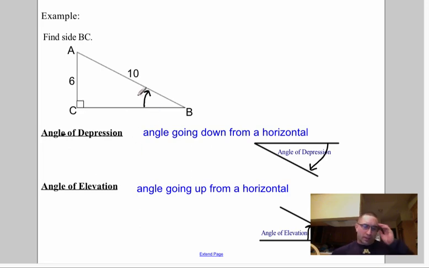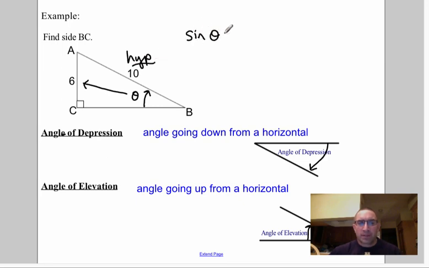So let's take a look, and we're going to call this theta. We'll come back to these two in a minute, but let's try this angle and look. Okay, the side across from the angle is 6, and then I have the hypotenuse here. So that's SOHCAHTOA again. Sine of theta, 6 over 10. Oh, I think we might have started with this example.